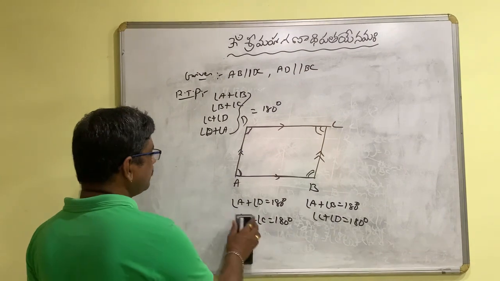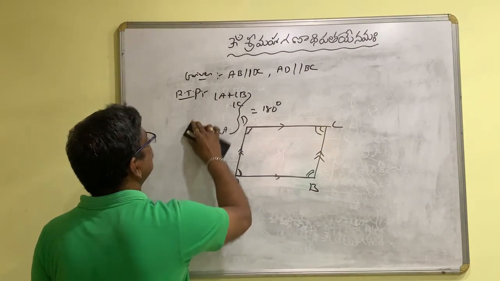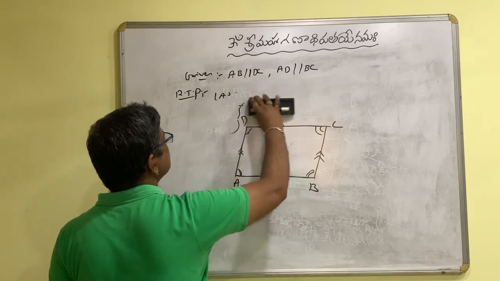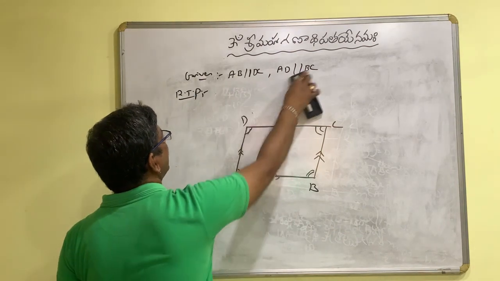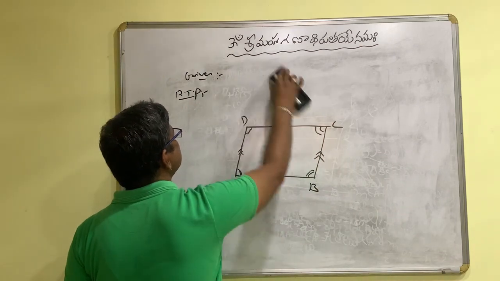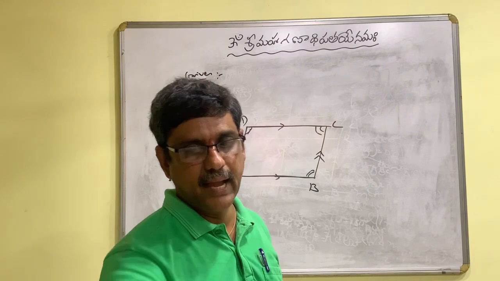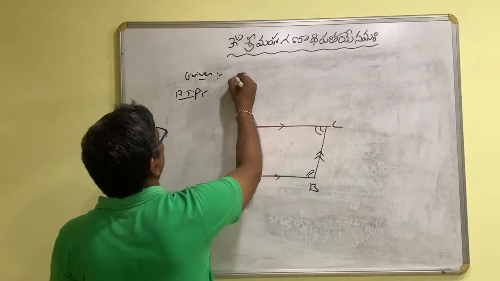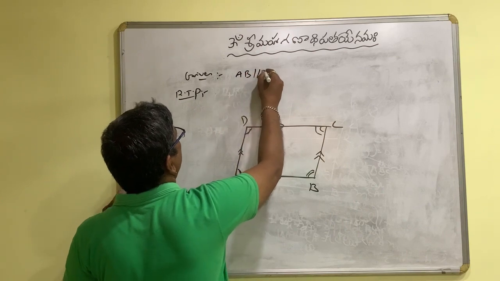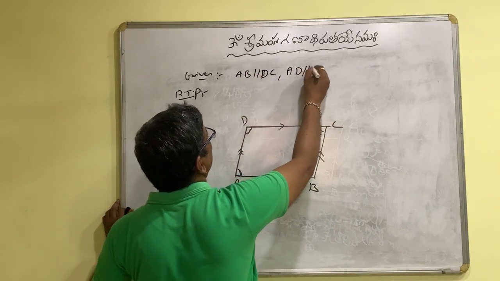Now fifth property, last one. What does the fifth property say? In parallelogram, diagonals bisect each other. So parallelogram ABCD: AB parallel to DC, AD parallel to BC.